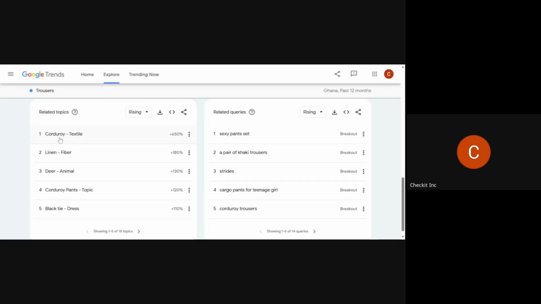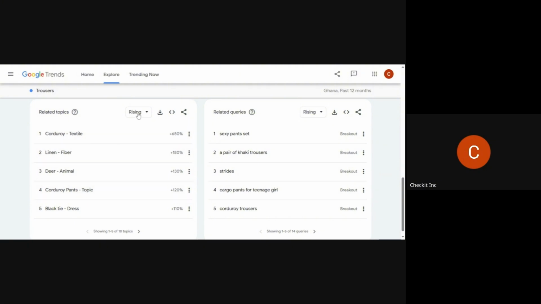So we have corduroy, a textile material that is rising. And if you see, it has increased by 650%. That's the growth rate, how much people want this particular material, or trousers with this material. 650% increase. So we have linen, fiber, and all of that stuff.